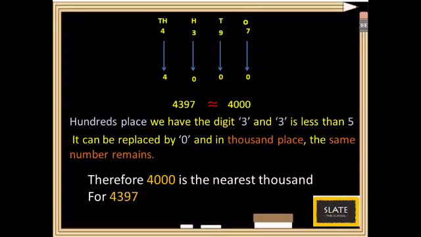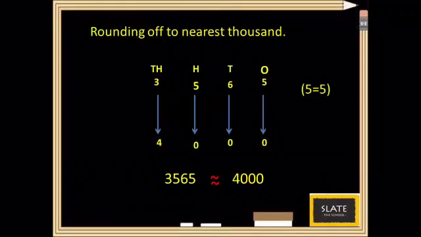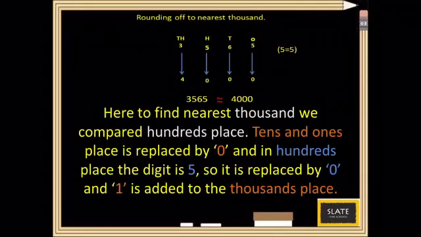Slaters, hope you are able to understand. Okay, now let's see one more example of rounding off to the nearest thousand. Find the nearest thousand for 3565. Here, to find the nearest thousand, we compared the hundreds place.